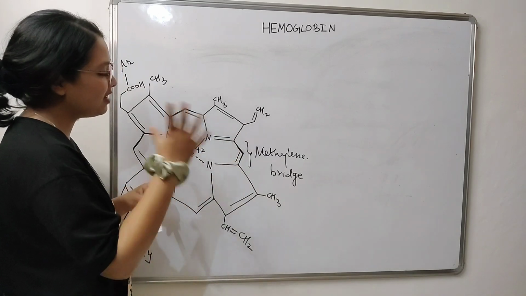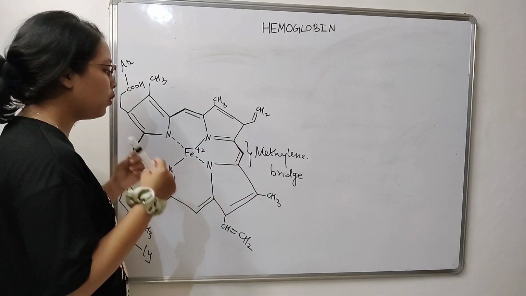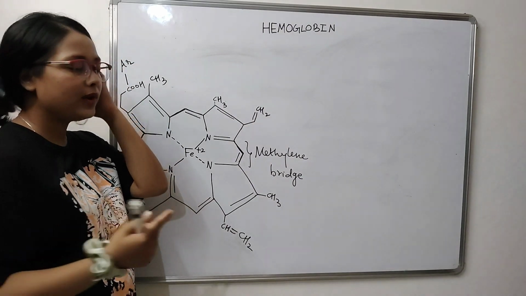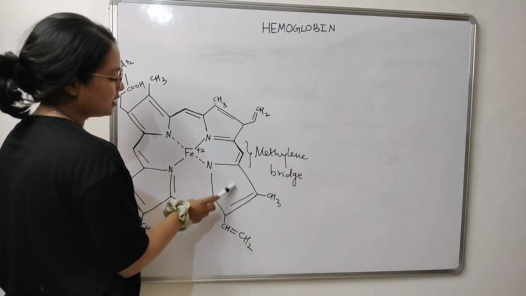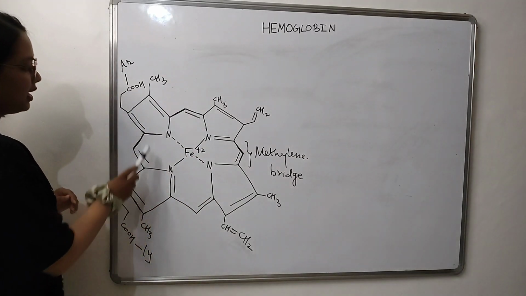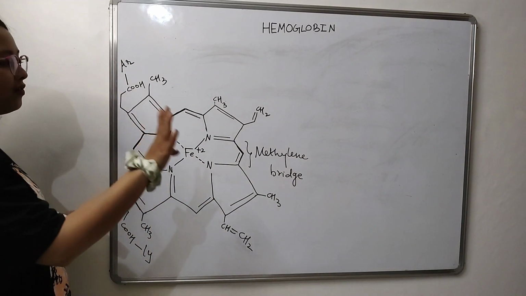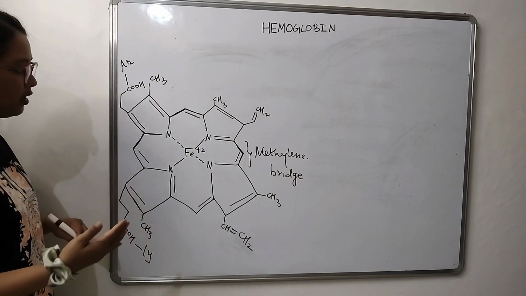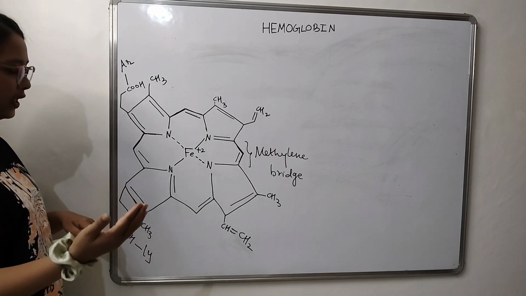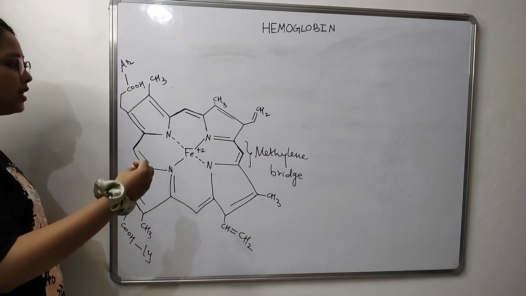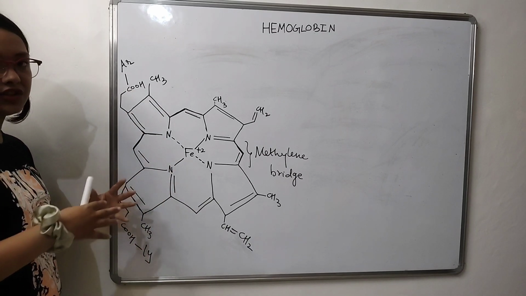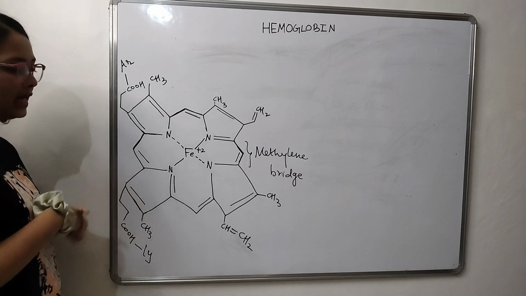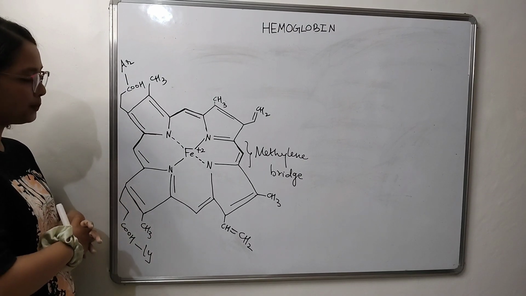Pyrrole is a 5-membered heterocyclic ring wherein one of the atoms is nitrogen. So this is a pyrrole ring, this is a pyrrole ring, this is a pyrrole ring, and this is also a pyrrole ring. We have 4 in total, and that's why we call it a tetrapyrrole system. Now the nitrogen atoms from each of the pyrrole rings are attached to your iron atom, the central metal atom in the +2 oxidation state.